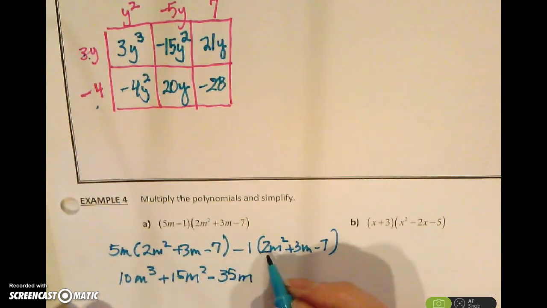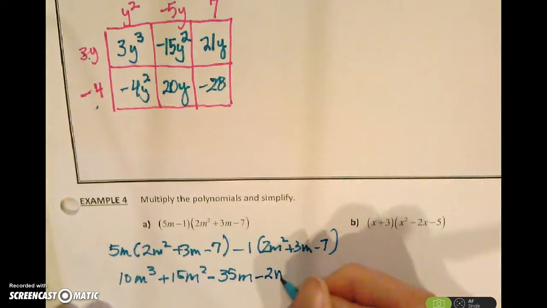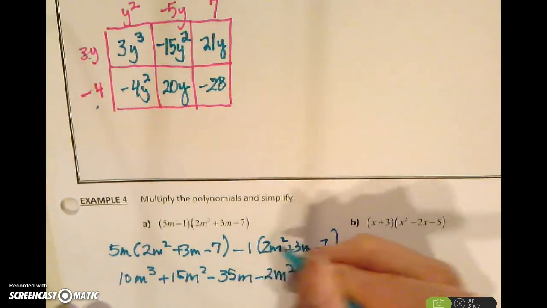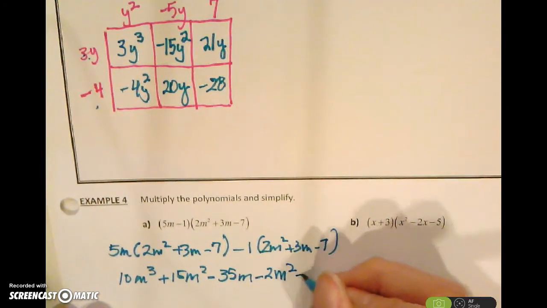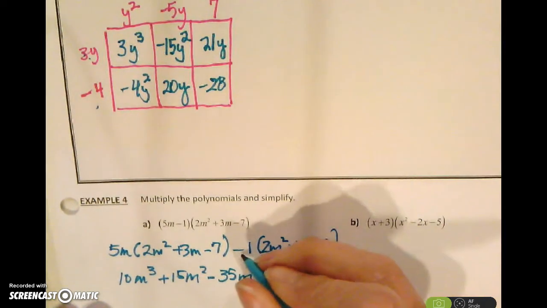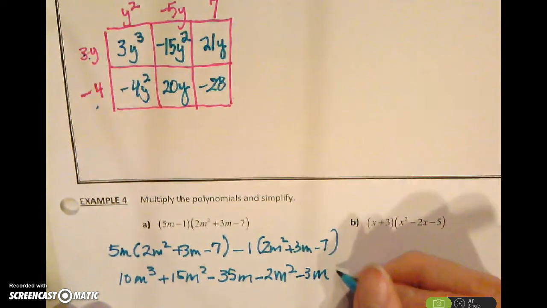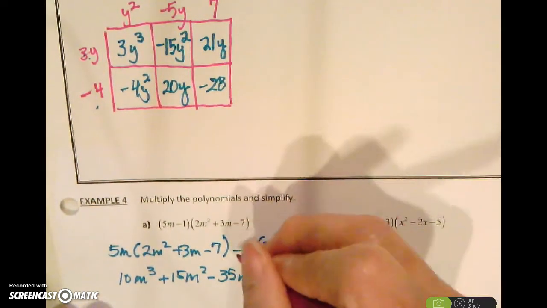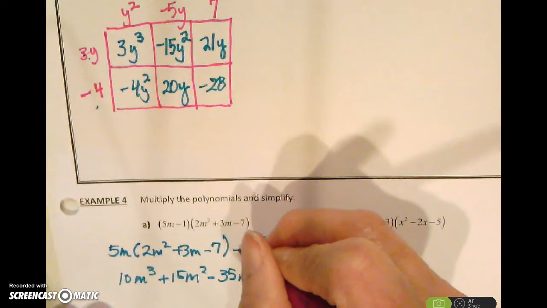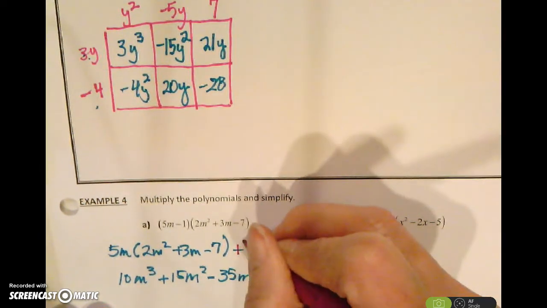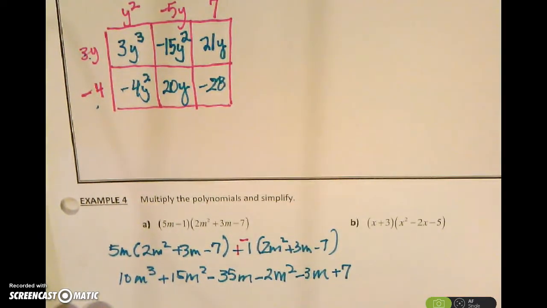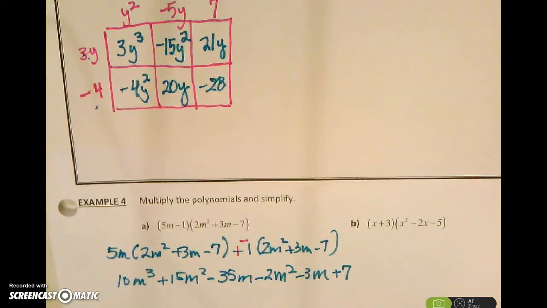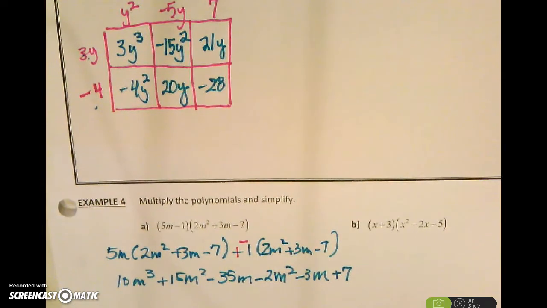Then I have a negative 1 times 2 is a negative 2m to the second. The negative 1 times a positive 3 is negative 3m, and the negative 1 times the 7 is going to be positive 7. If it helps you to remember, you can call it plus a negative 1 so that you're sure that you're distributing a negative 1 through. We'll finish this next one in class next time, so I'm going to stop this video.